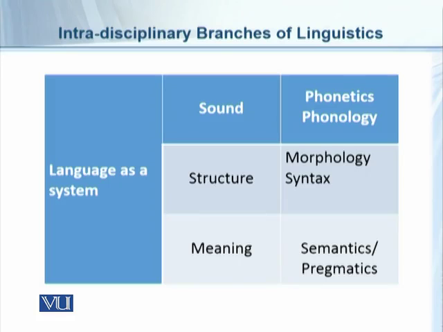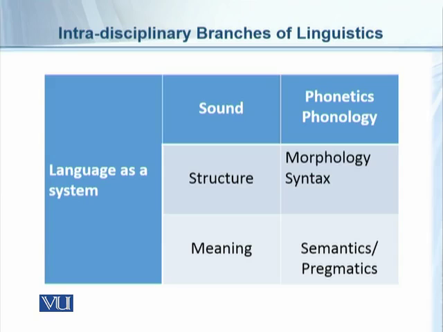So we can see this in this table, language as a system. If we talk about language as a system, we have sound. Sound has two things: phonetics and phonology. Phonetics is basically the study of the physical properties of the sound, and phonology is how they are patterned, and how they vary from language to language.